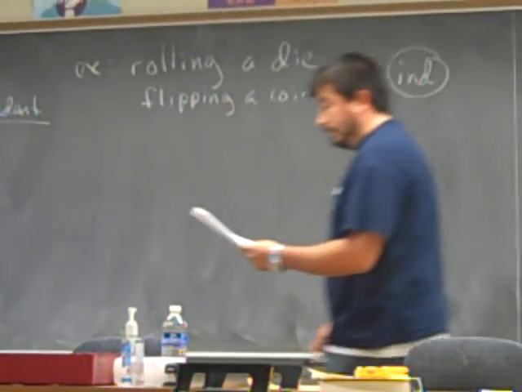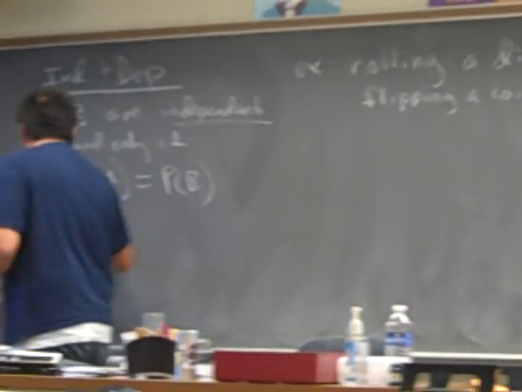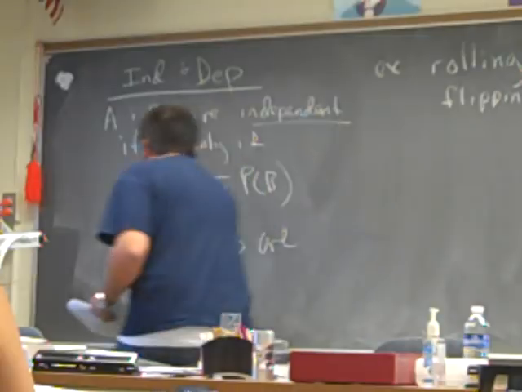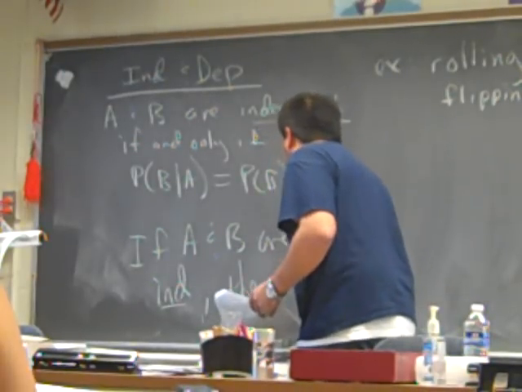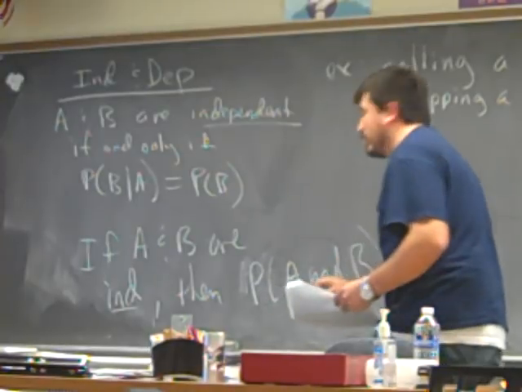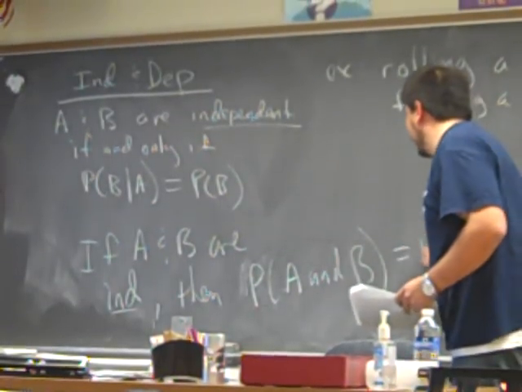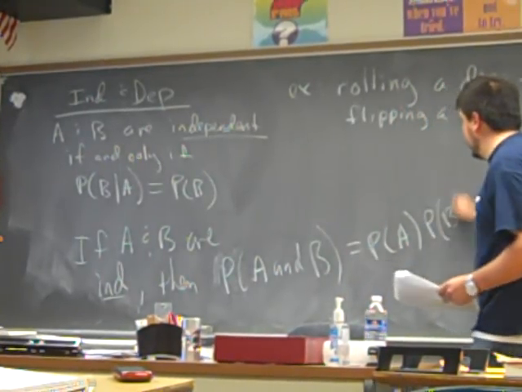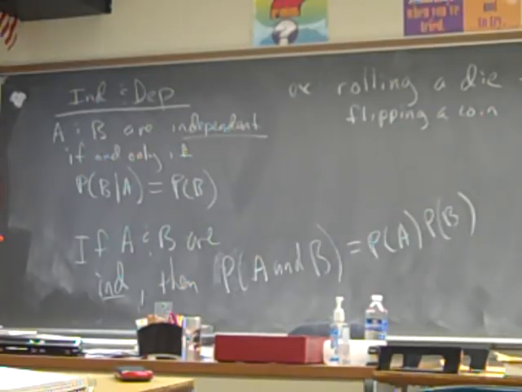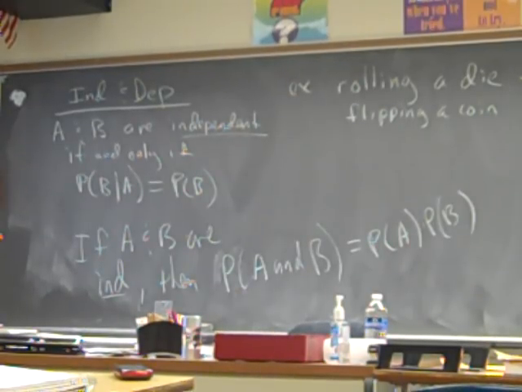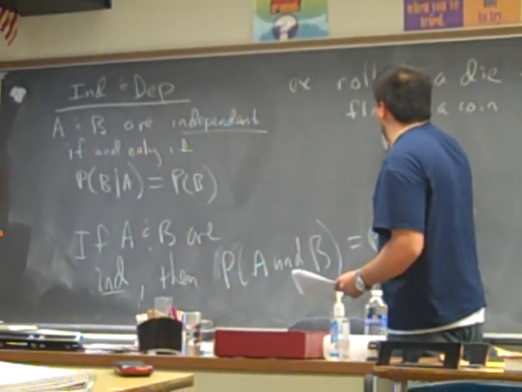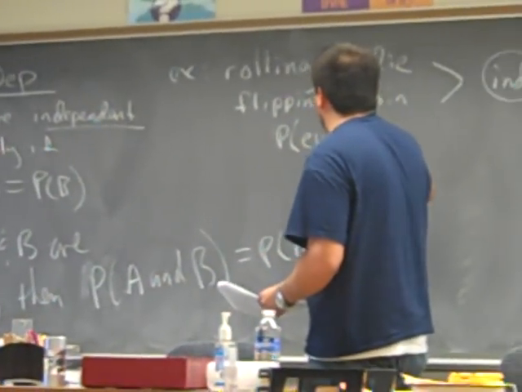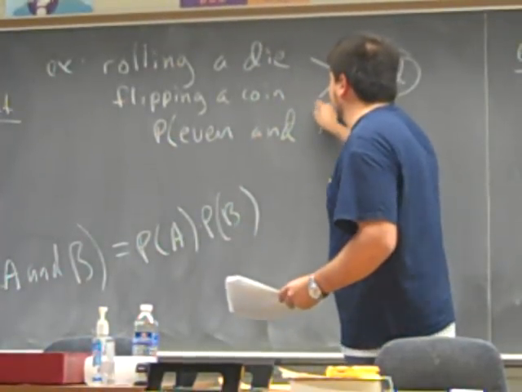Now, let's add to this. If A and B are independent, then the probability of A and B, and here's where we're talking about multiplying, is simply the probability of A times the probability of B. So in the example I just gave, let's say I want to find the probability of getting an even on a die and tails on a coin.